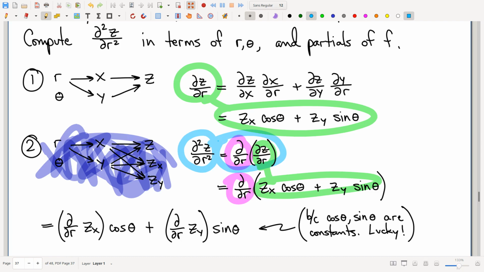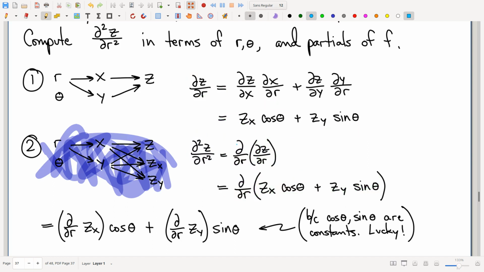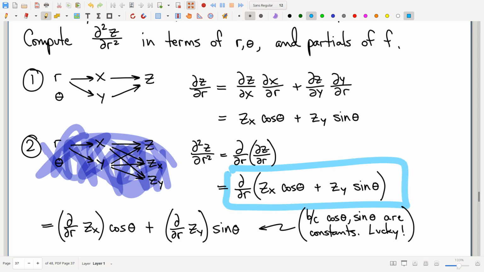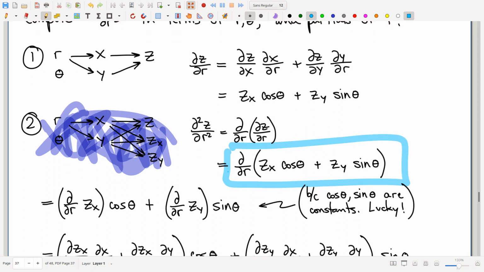So now I'm going to take the r partial of the r partial we just computed. All right. And again, slowly and carefully. Don't try to leap over too many steps in one step. First thing to observe about this: I'm taking a partial with respect to r. There's r.